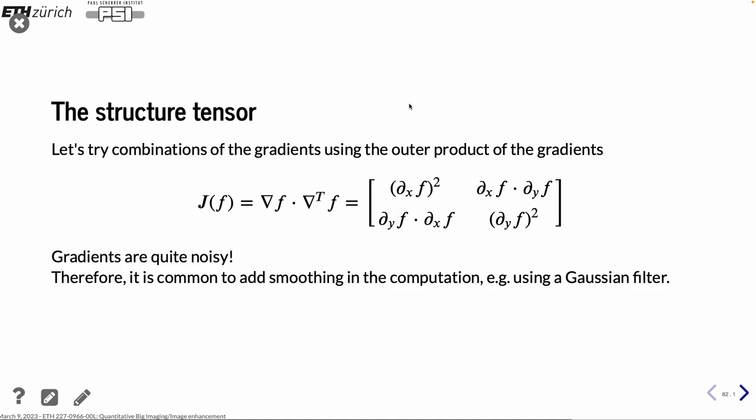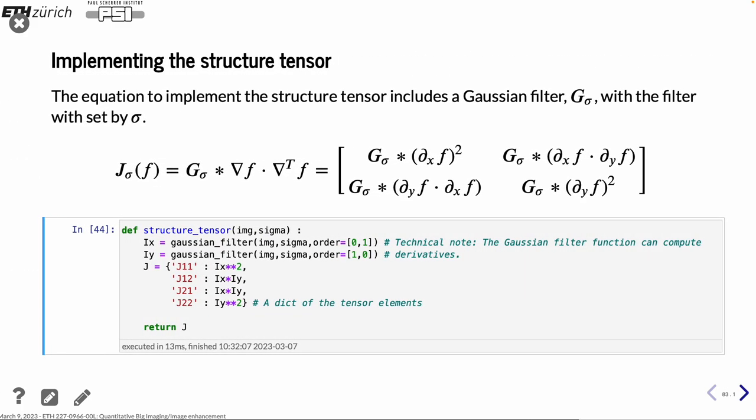And then all of a sudden we have 4 images instead of 1. But the problem again, the gradients are noisy. So what we do for implementation is we actually apply a Gaussian filter to each of the components, and then it's very nice.